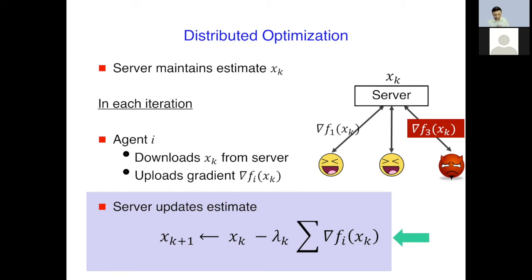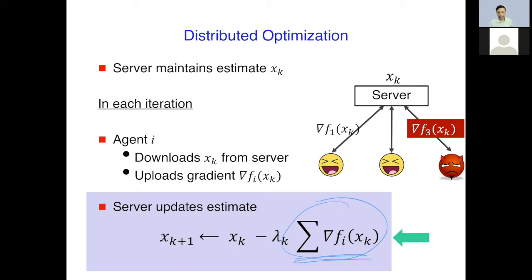Except that now, because some of the agents are faulty, the server cannot simply aggregate all the agents' gradients, because then it is also aggregating the gradient from the bad agent, in this case agent 3, and this summation can be essentially arbitrary because it is polluted by the faulty agent.